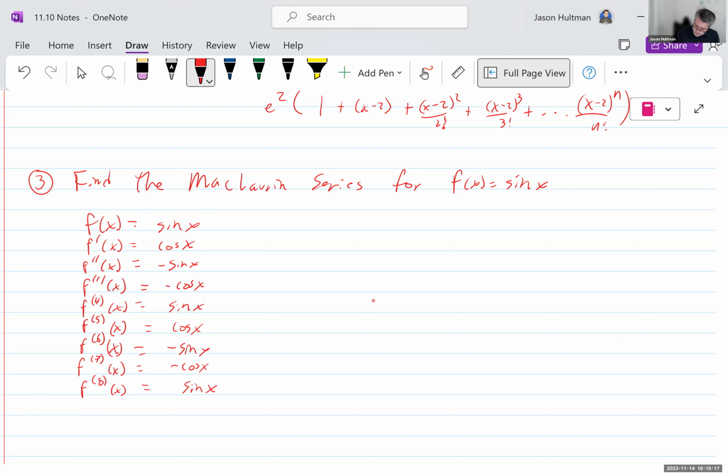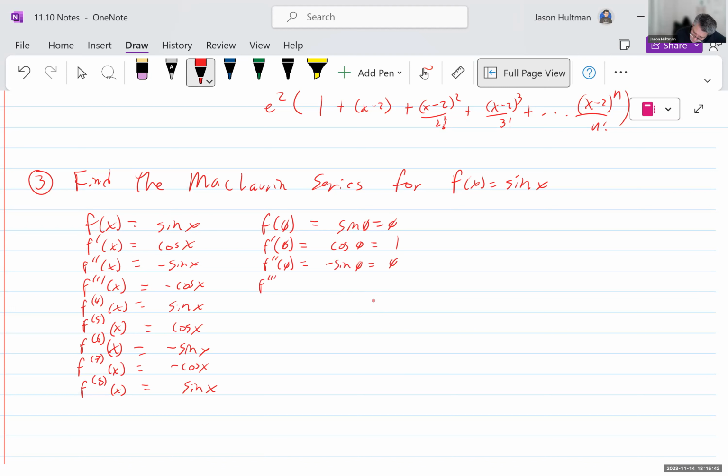Right? We need to know, well, what happens at 0? Well, the sine of 0 is 0, so f of 0 is 0. F prime of 0 is equal to cosine of 0, which is 1. F double prime of 0 is negative sine of 0, which is 0.